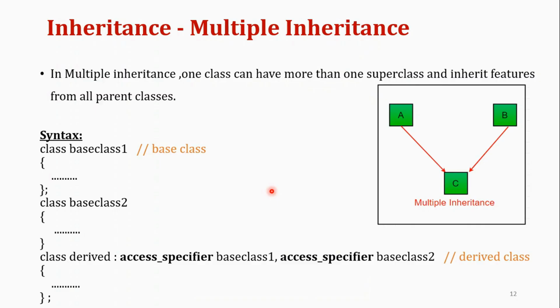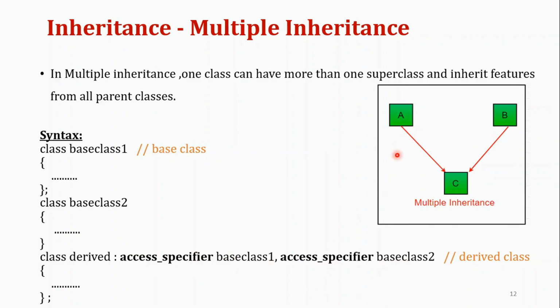And the next type is multiple inheritance. By the name itself, multiple base classes. Remember that: multiple inheritance means multiple base classes. So A and B are the two base classes inherited to the third class C. Base class 1 is defined, base class 2 is defined, and in the derived class, in a comma separated way, two classes are inherited, with the mode of inheritance for each base class.